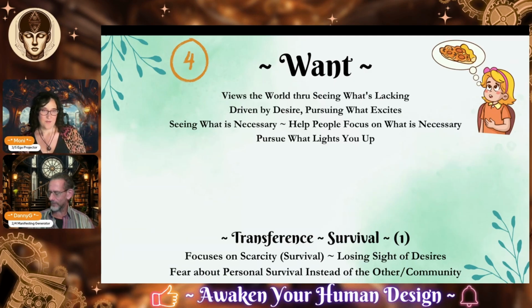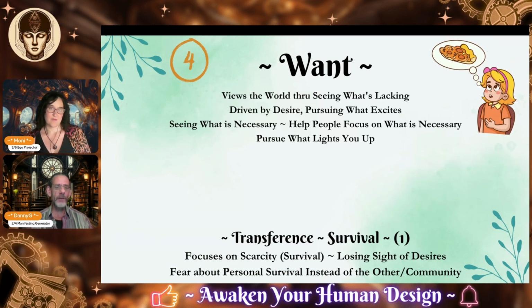Yeah, there's so much going on as it relates to this particular aspect. This want is so important. Want can basically distract and transfer into almost all the other colors, but it primarily does into the survival because the want thinks it doesn't have what it needs to survive.